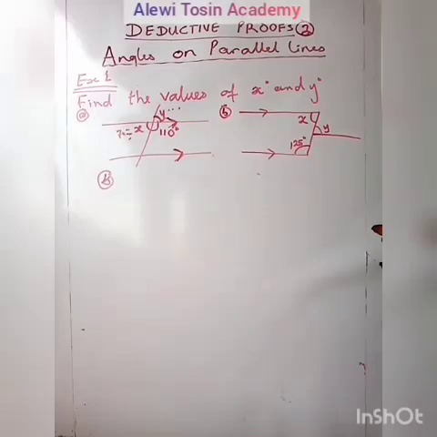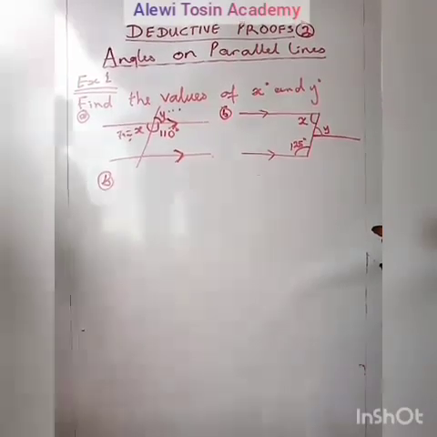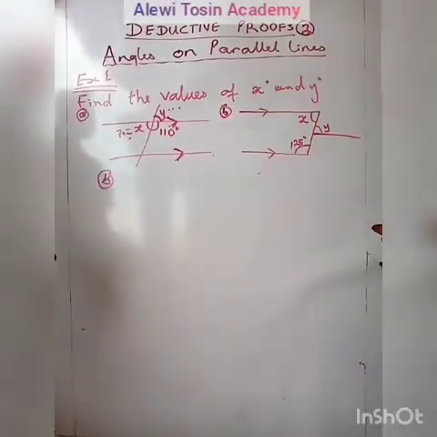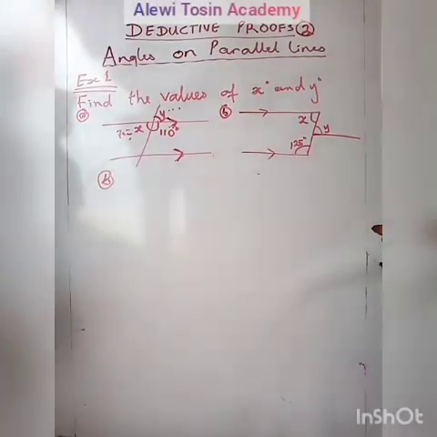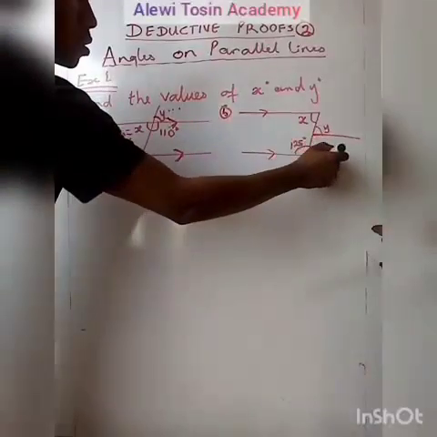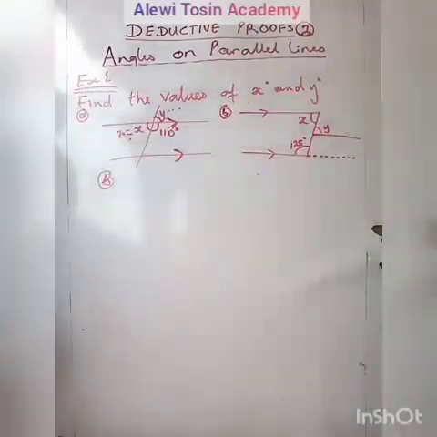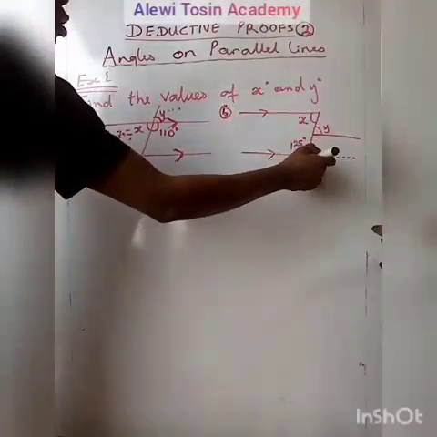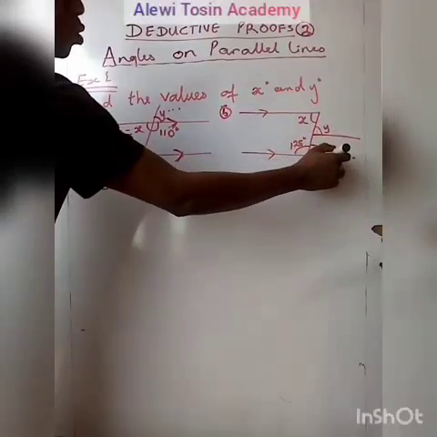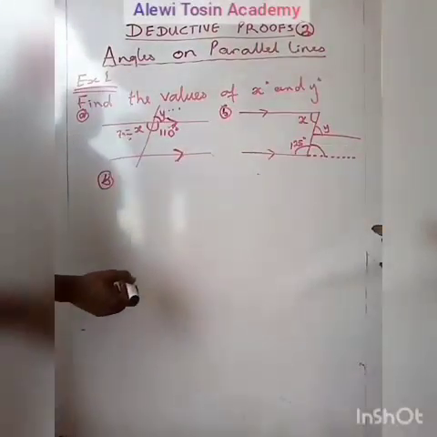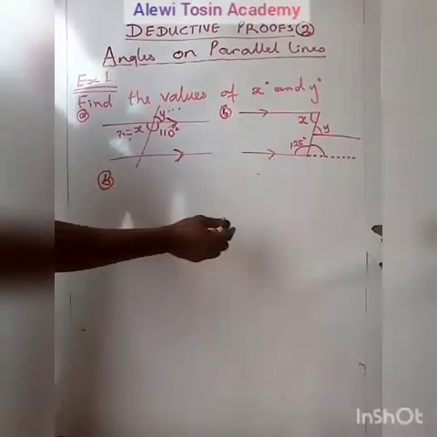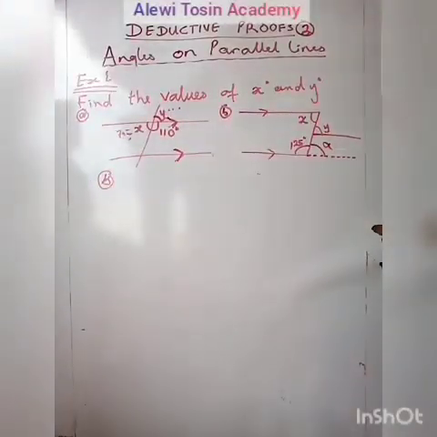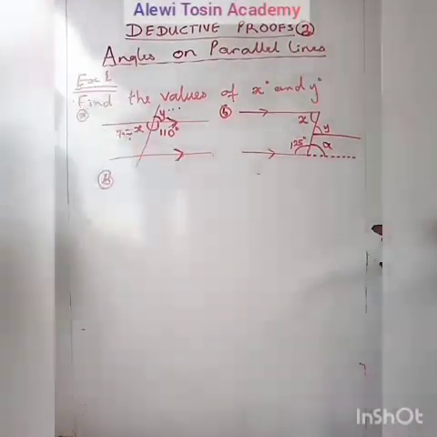Now for the second question, something that we need to do is introduce what we call a construction by extending this. When we introduce the construction, a new angle protrudes. Let's label it A. It's not part of the question, but we introduce it.